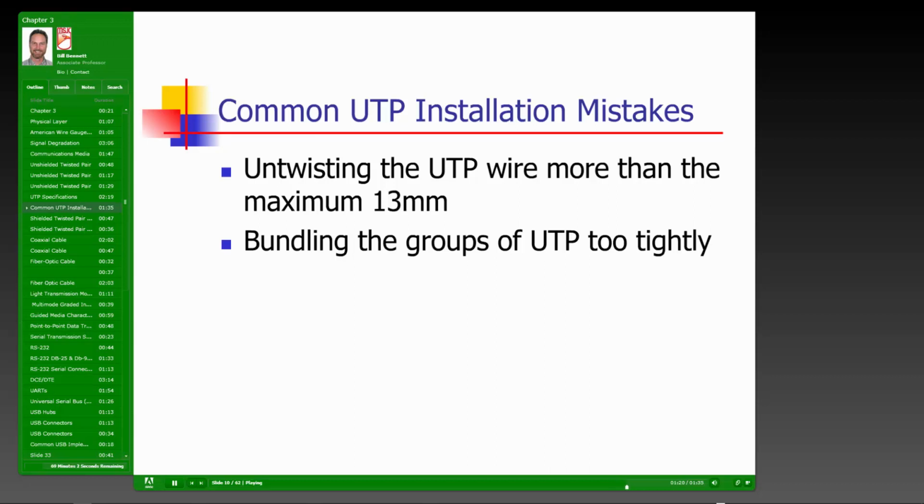Another problem too is if you take that bundle and you bend it too far. If you're trying to squeeze it in somewhere and you bend it in half and it's really, again, tightly grouped together, that can cause some interference problems as well.